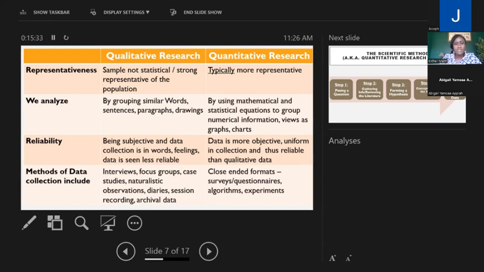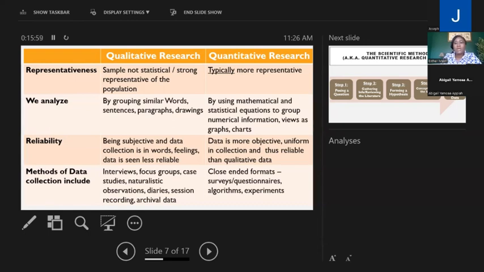And then for quantitative research, regardless of the format in which you send out the information, the questions tend to be close-ended with a set of uniform or standardized responses provided for individuals to participate in.